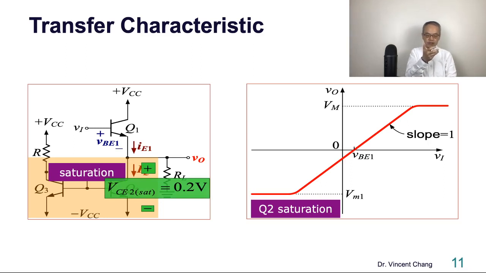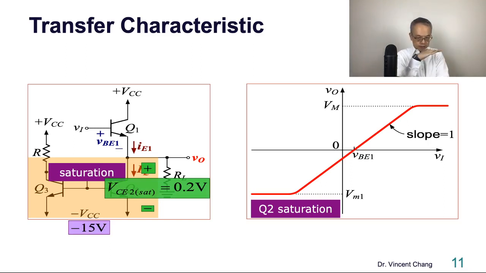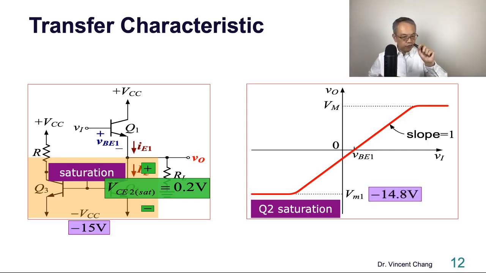The answer is very similar to the positive saturation voltage. It would be negative 15 volt plus the 0.2 volt rise, which is negative 14.8 volt. Easy.